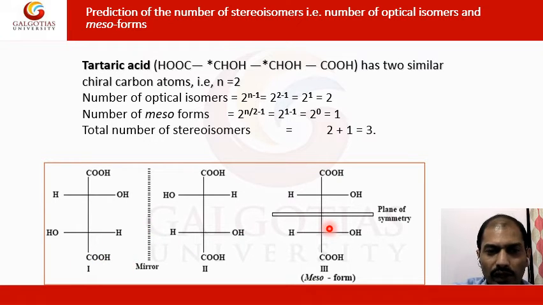But in the case of the meso forms, especially, one fragment has the same part as you see here. If you pass a plane through the middle of the carbon-carbon single bond, you can dissect this molecule into equal halves.